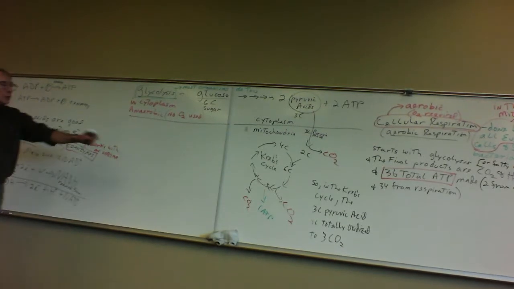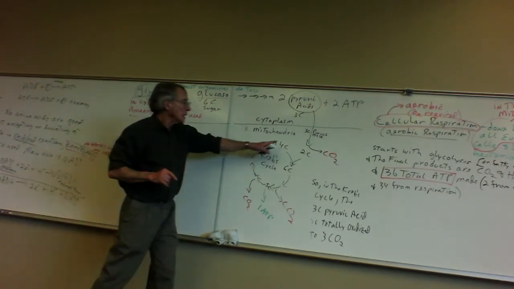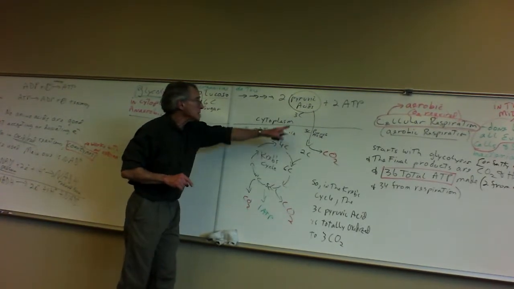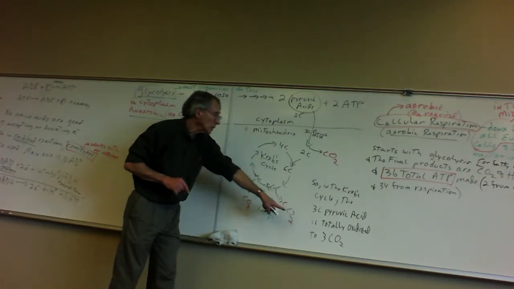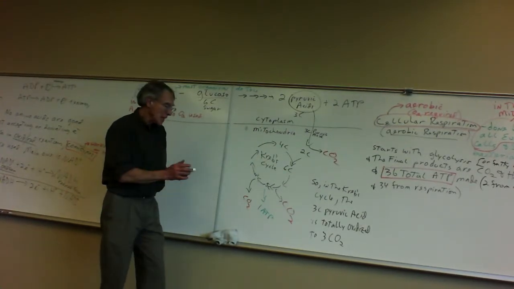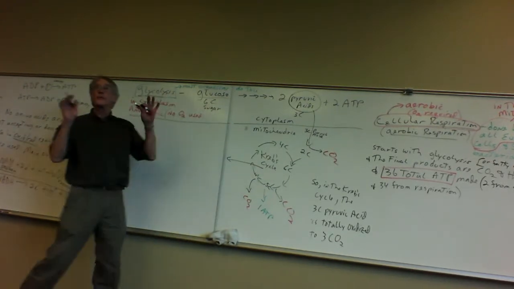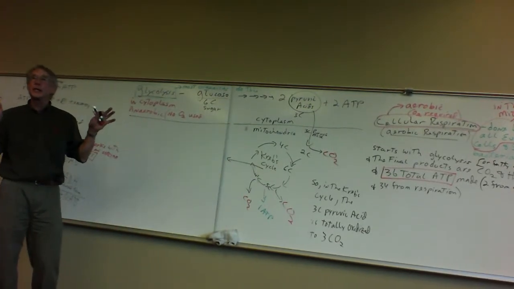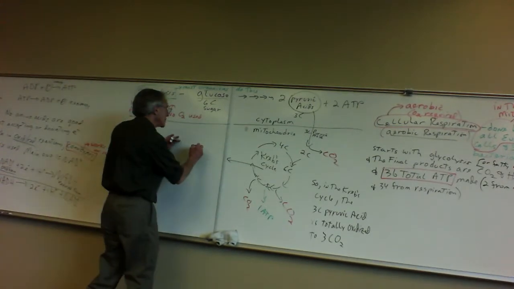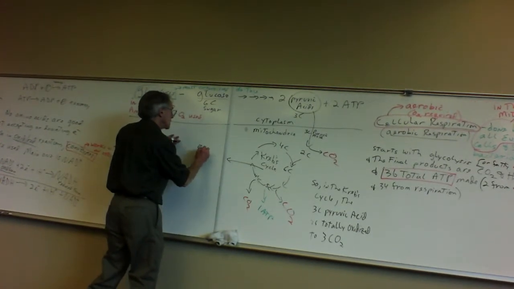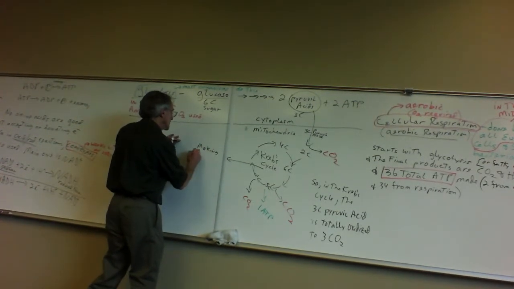So in the Krebs cycle, what have we done so far? We have completely oxidized that initial 3-carbon molecule to 3 carbon dioxides. I'm not saying where they're coming from, and I'm not even going to say how many. And we're making many reduced coenzymes.